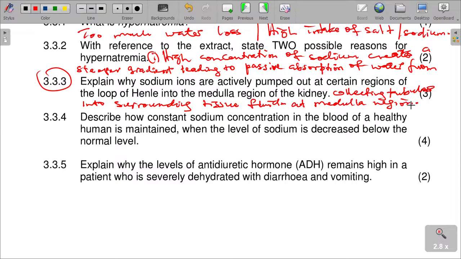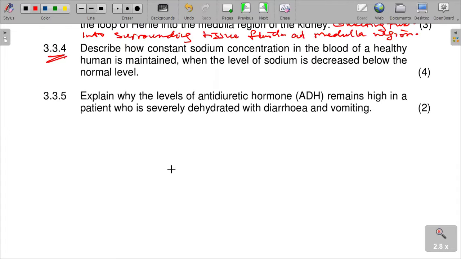And then next question, 3.3.4, describe how constant sodium concentration in the blood of a healthy human is maintained when the level of sodium is decreased below normal. It's just the balancing of salt in the body.